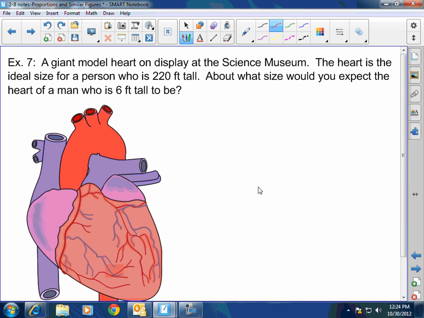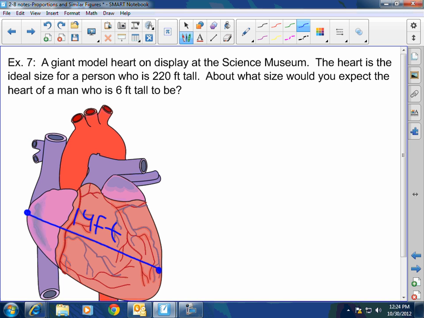So we have this heart, guys, and the heart, according to the information that is given to us, is 14 feet long, or wide. That's going to be the heart of a man that is 220 feet tall. I want to find the size of a heart for a 6-foot man.